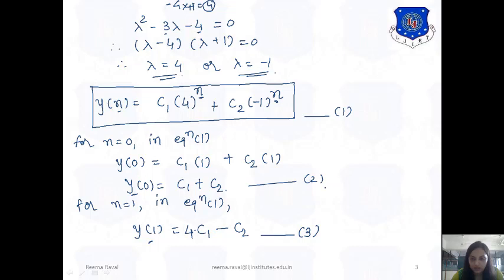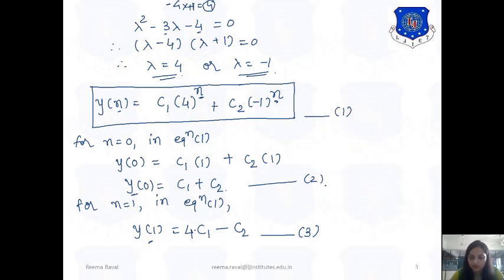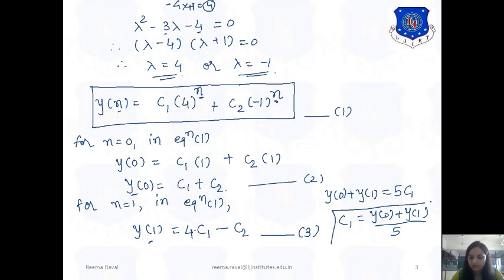So from this we can say that, adding these two terms, that means y of 0 plus y of 1 equals, as you can see over here, C1 plus 4C1, that will give you 5C1, and C2 plus minus C2 will cancel out, giving C1 equals y of 0 plus y of 1 by 5. Let's call it equation number 4.